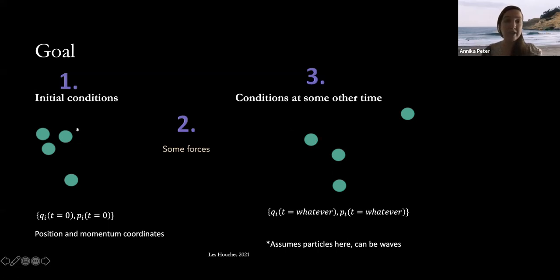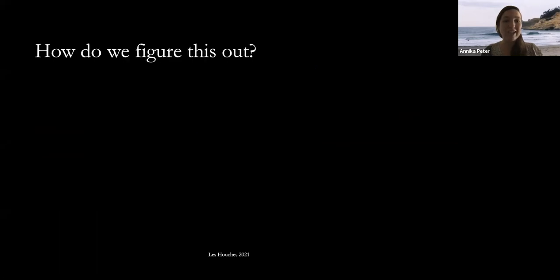And the way we quantify that is, in the context of dark matter particles, what are the positions and momenta of those particles at a later time? Okay, so I'm going to show a bunch of ways to figure this out.